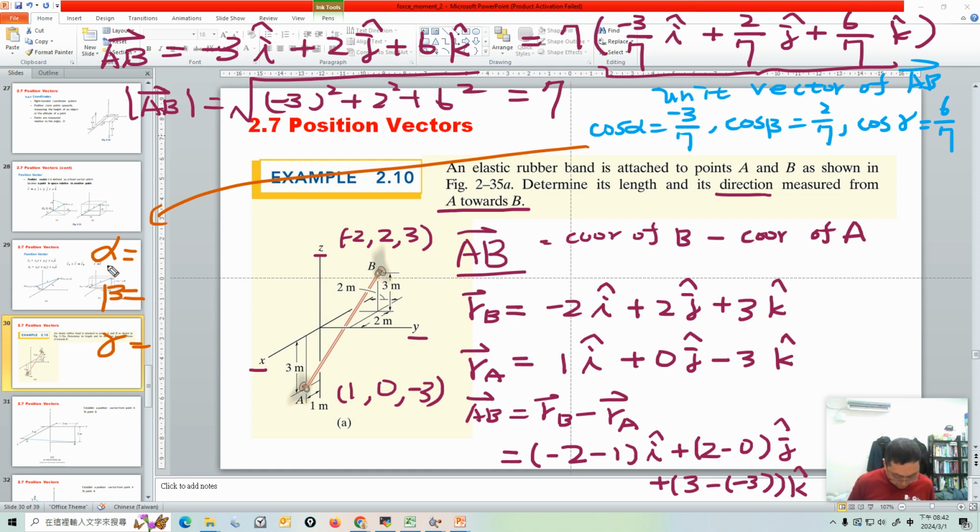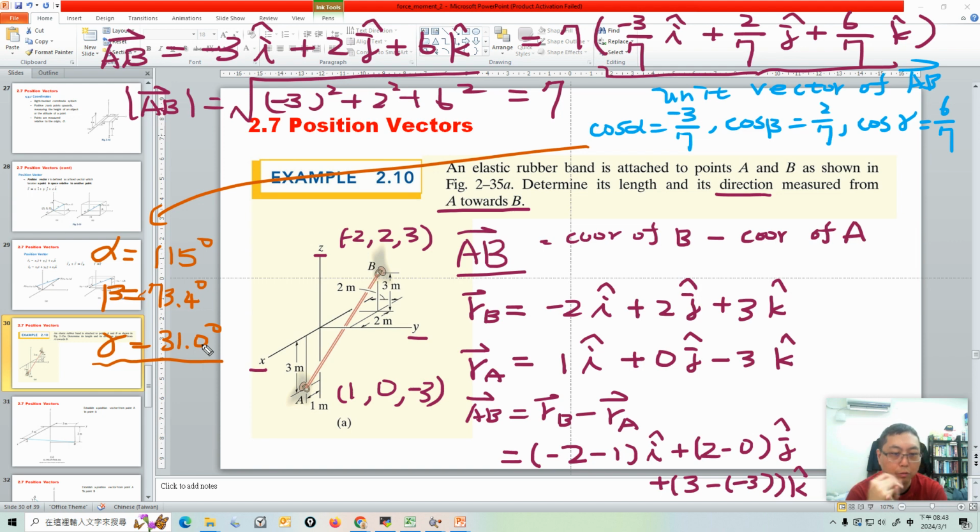Alpha is 115 degrees, beta is 73.4 degrees, and the final one is 31.0 degrees. We also use the 3D Cartesian vector and the unit vector.